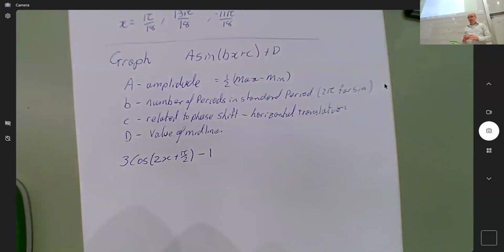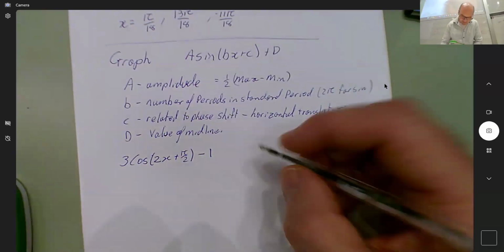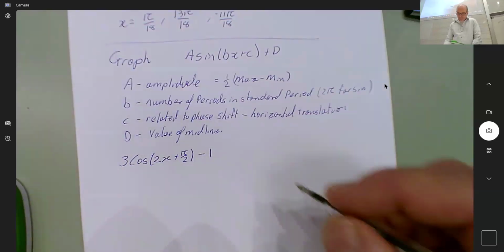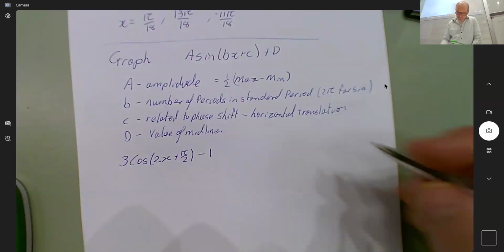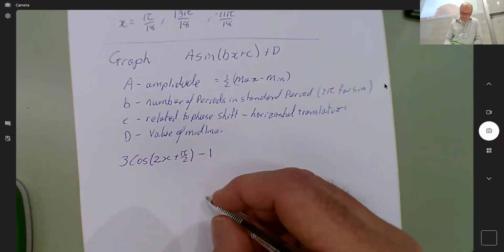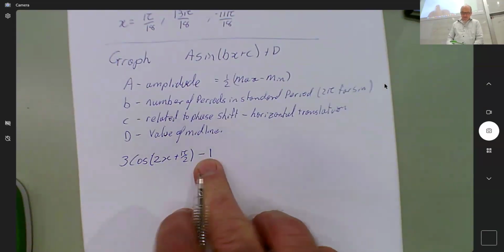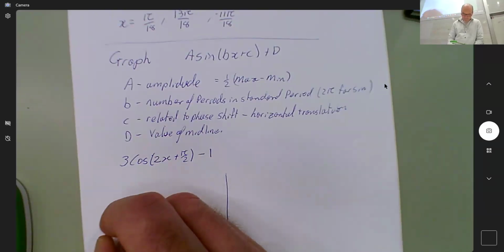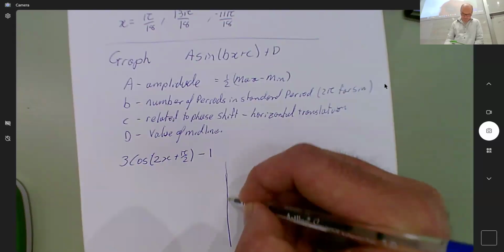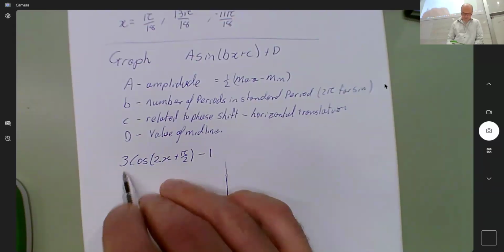Okay. So when we come to doing something like this, what I would do, my midline's at -1 and my amplitude is going to be 3.